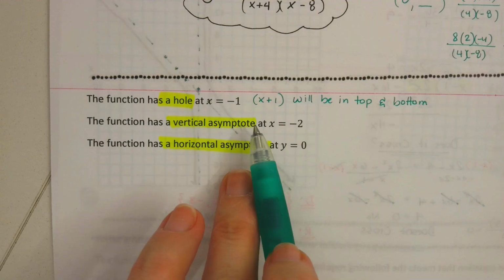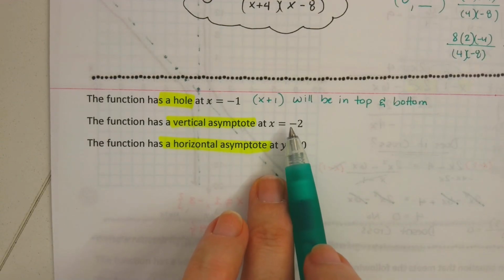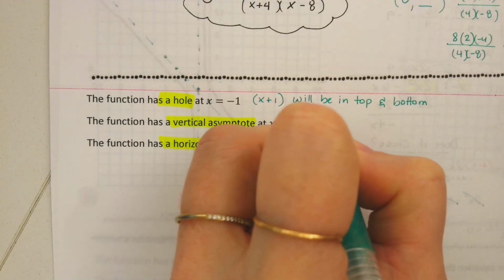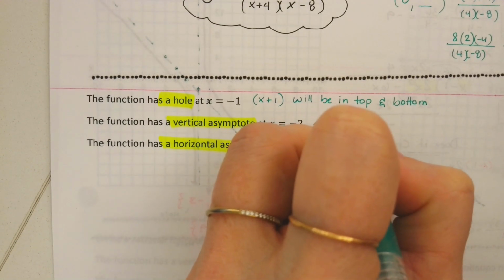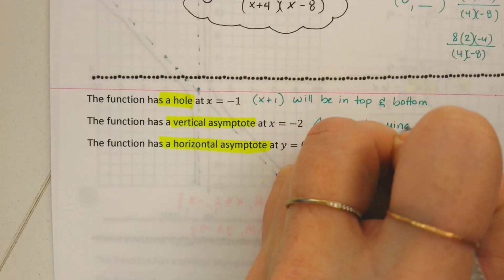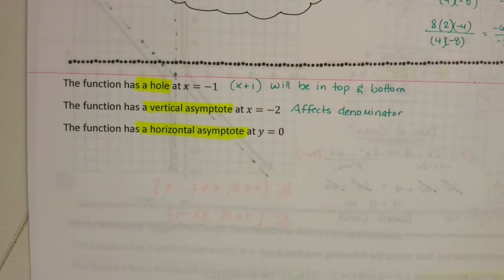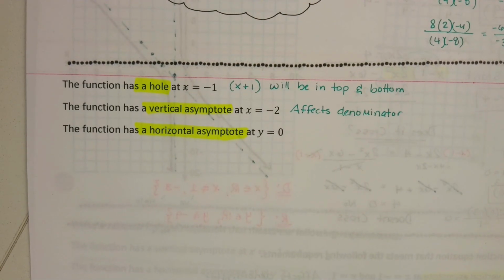Vertical asymptote at x equals negative 2, what's that going to affect? Denominator again. Good. Affects the denominator. Okay, and then horizontal asymptote at y equals 0. The fact that it's y equals 0, think about your BoBo's Easy DC.